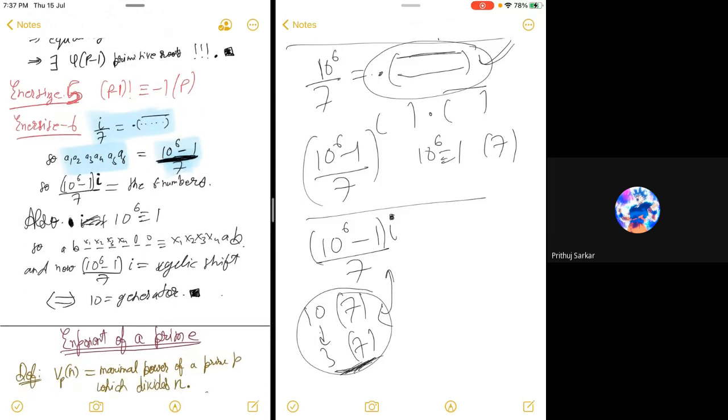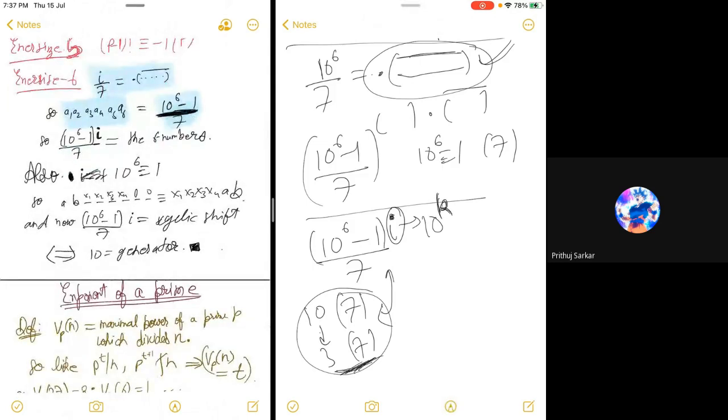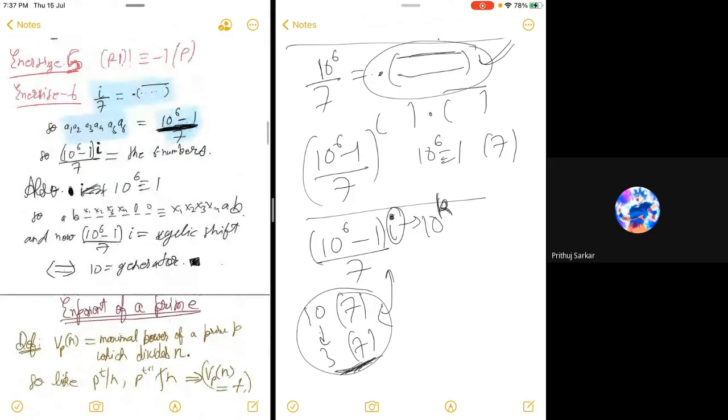So suppose this is true, let 10 be a generator. Then every i can be written as 10 to the k modulo 7. And if we multiply the original number, suppose x1, x2, x3, x4, a b, by 10 to the 2, then it becomes this and 0, 0.